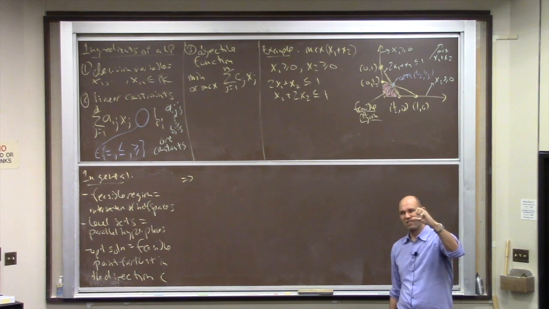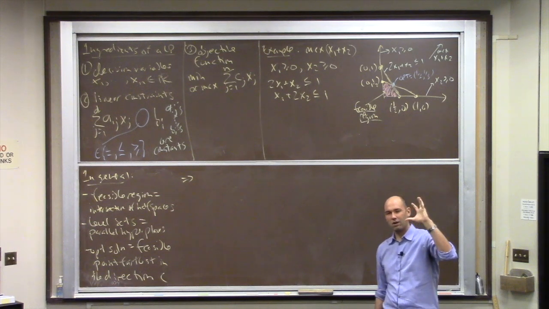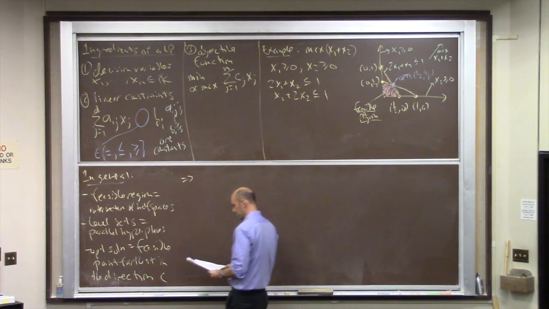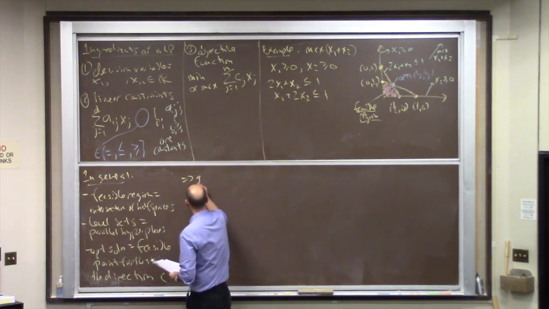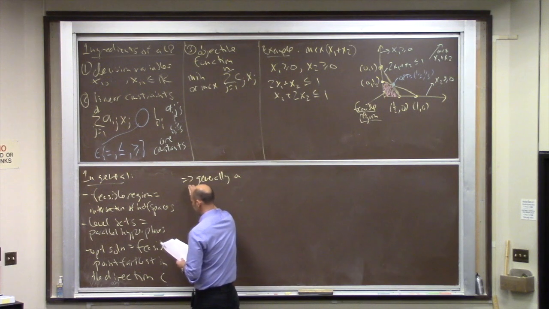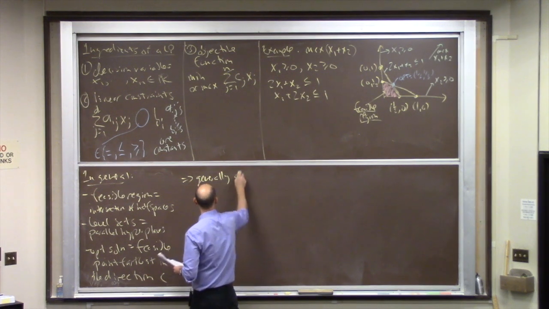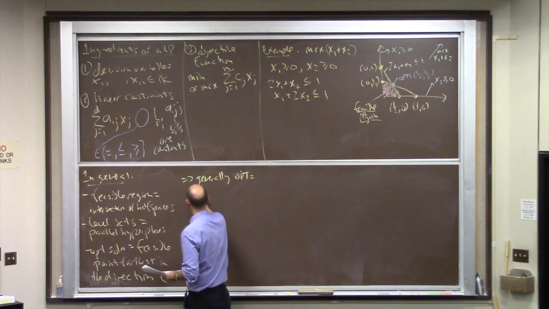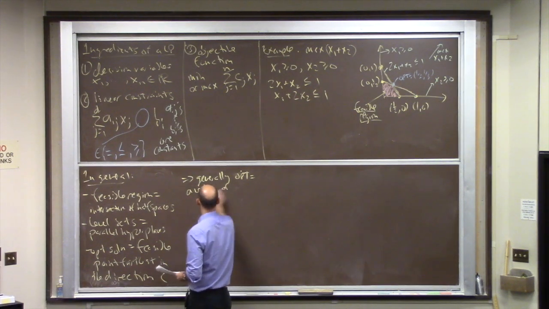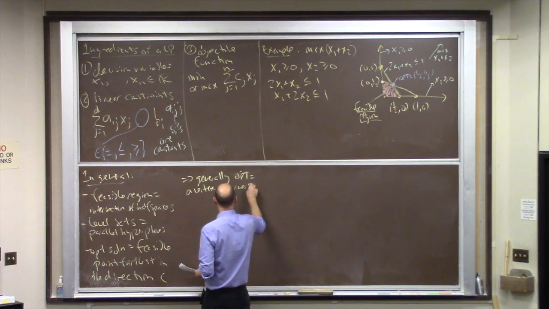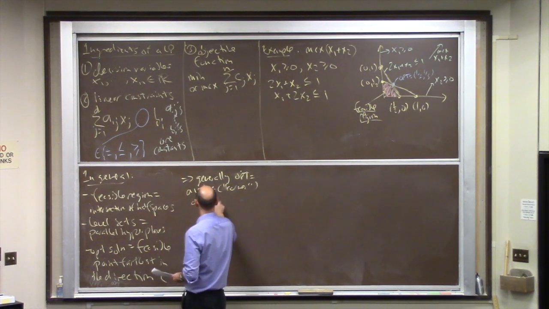Confusingly, these corners are called vertices, which conflicts obviously with the graph terminology, but so be it. So generally, opt equals a vertex or corner of the feasible region.